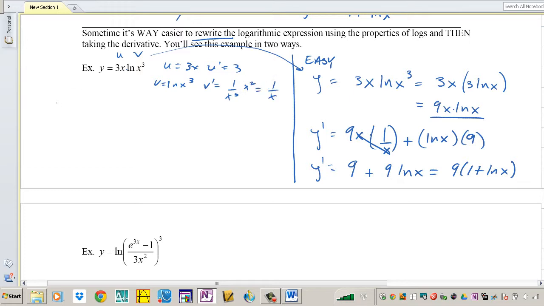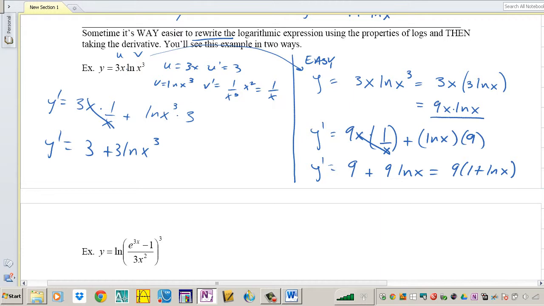Using the product rule will give me y prime is equal to 3x times v prime plus v times u prime, which is 3. Cancel the x's. Y prime is equal to 3 plus 3 ln x cubed.